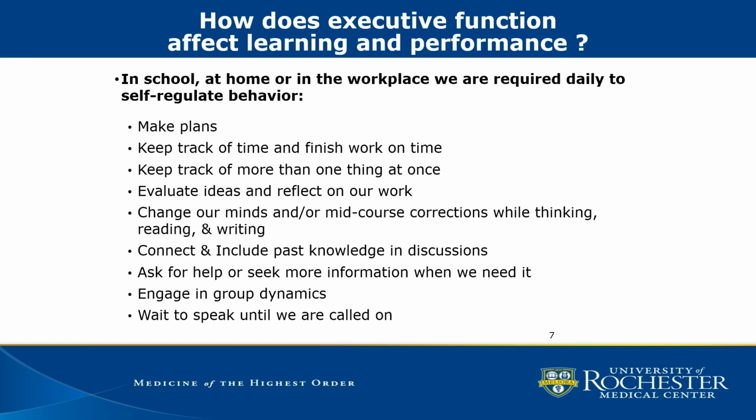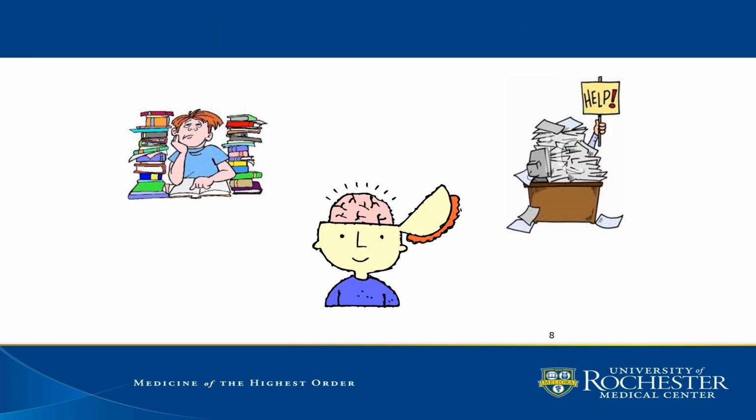Studies have shown that impairments in executive function have significant impact on everyday life activities, including the ability to attend school, complete work, hold a job, and develop and maintain meaningful social relationships.